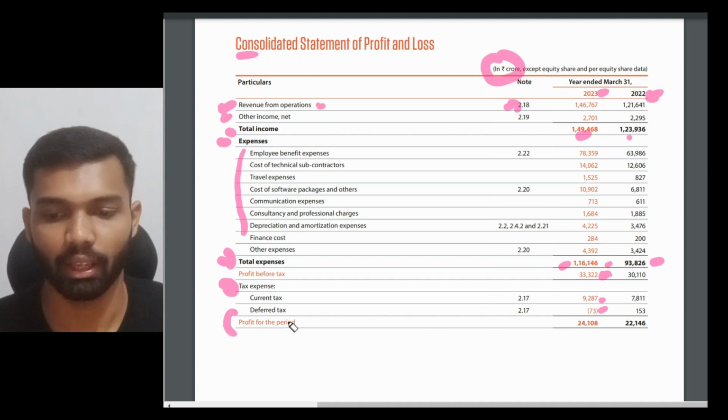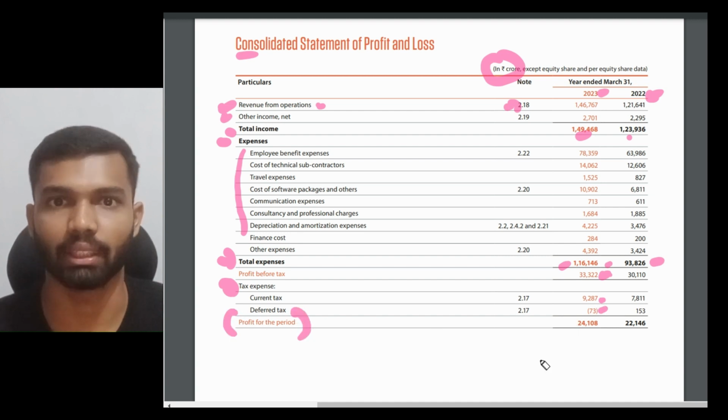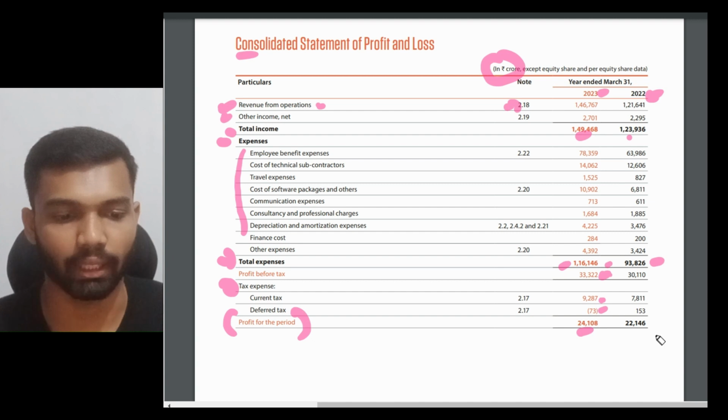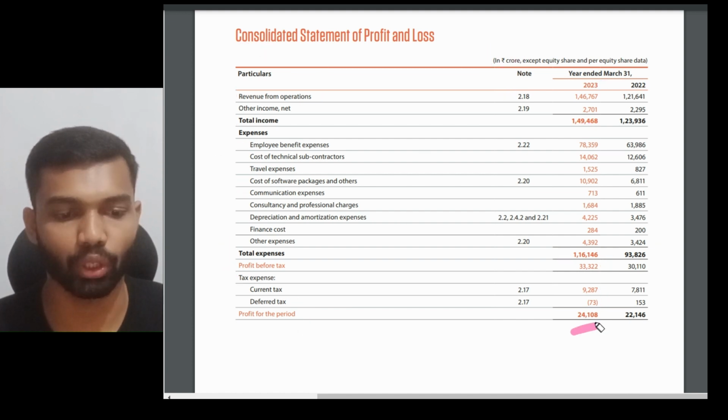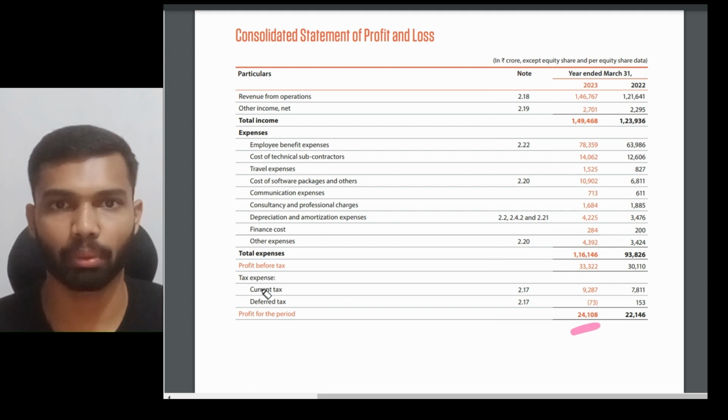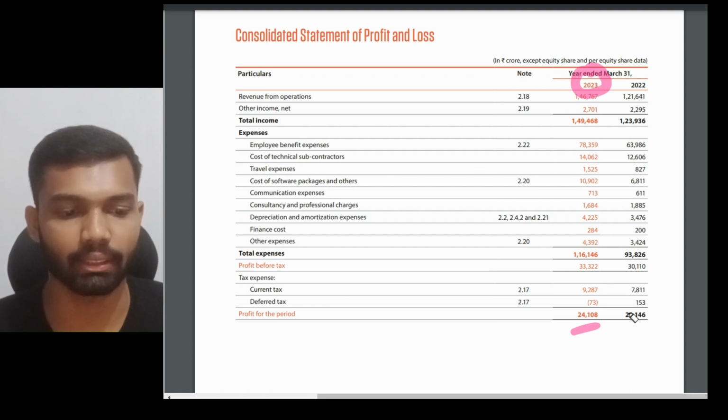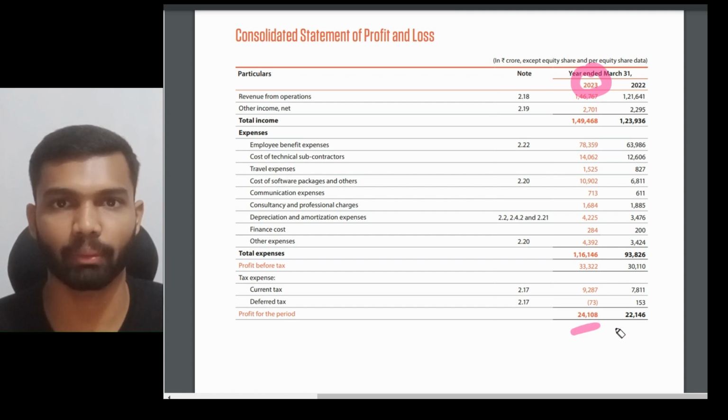And the profit for the year, that is the net profit, is 24,108. You can see it has increased by around 2,000 crores from last year. This is the consolidated statement of profit and loss. 24,108 crores is the net profit the company made for the financial year 2023, marginally increased by around 2,000 from the previous year.